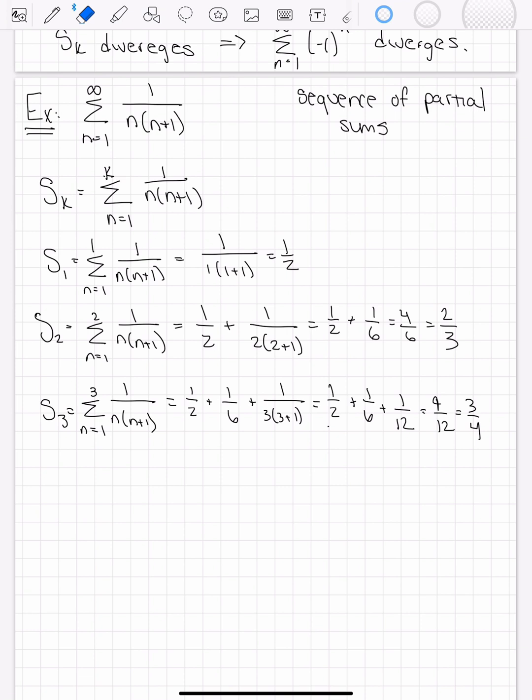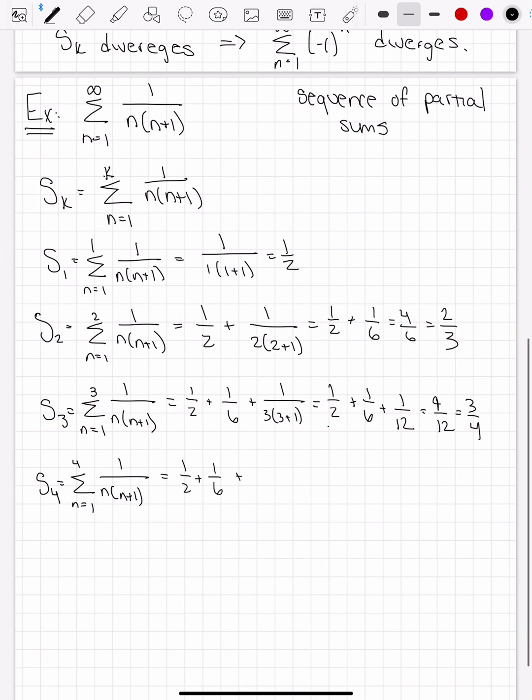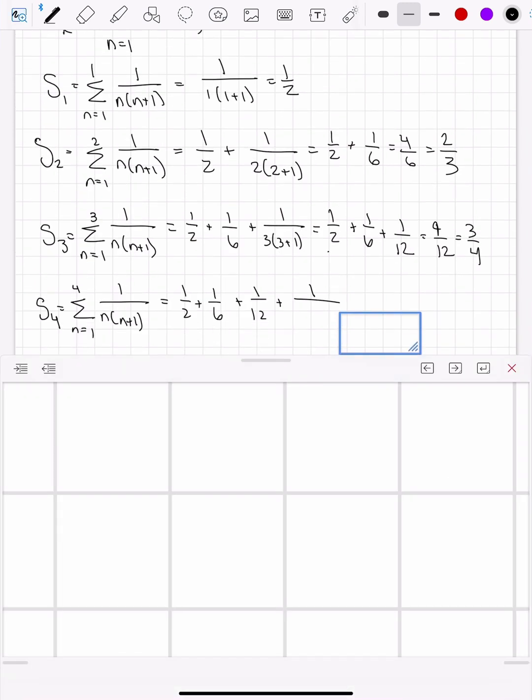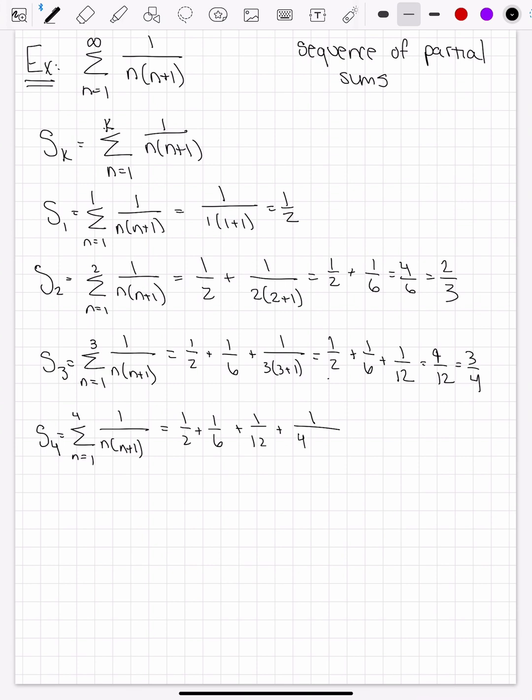So then if we try and do S4, that's the sum from 1 to 4 of 1 over n times n plus 1. Let's bring down all of our first 3 terms that we already figured out. And then we have to plug in 4 to figure out our fourth term. So 4 plus 1 is 5, times 4 is 20.